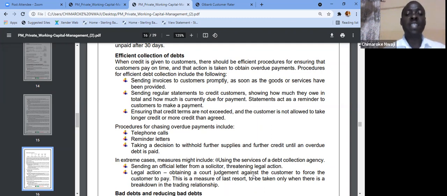There will be a need for you to send regular statements to credit customers. So it could be a weekly thing. Maybe on Monday, you review the invoices you sent to the customer.